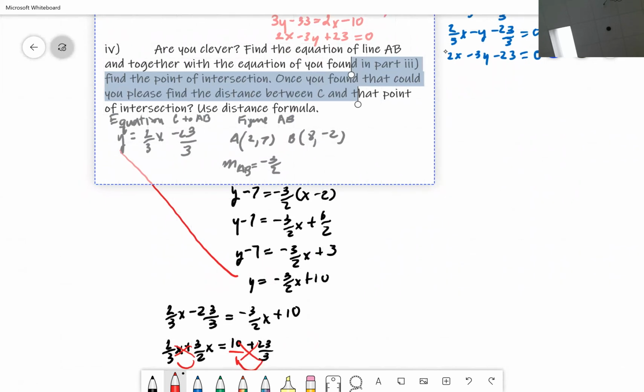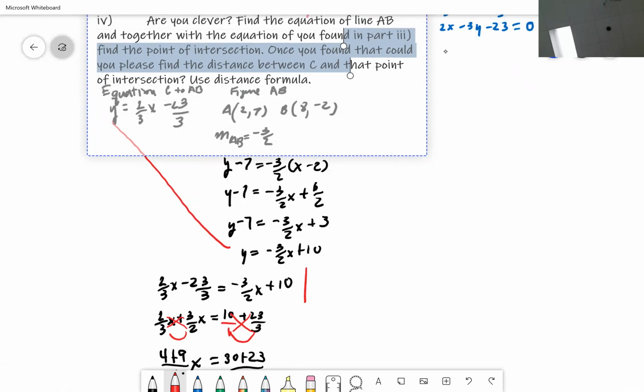So let me just carefully confirm that if I put -1.5 times 2 plus 10, I get 7. And if I put -1.5 times 8, I get -12 plus 10, I get -2. So right here, this is good.